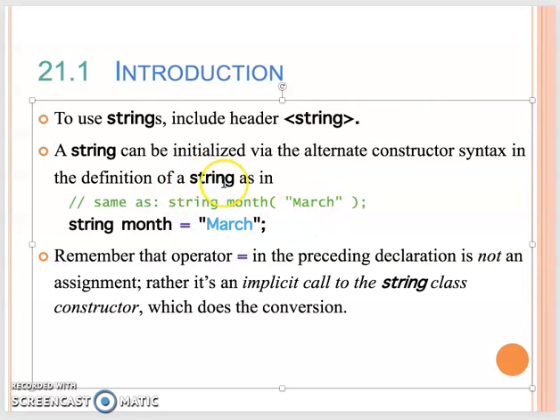Before, when we create the C++ string, after you include the library, you can just have your object name. Then we can simply use the equal sign to assign the value. So you create a string object month with the content March. You will feel like this is an assignment operator, but be careful. When you declare an object using the equal sign, this declaration is actually not an assignment operator.